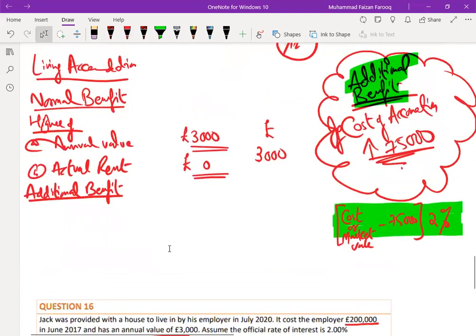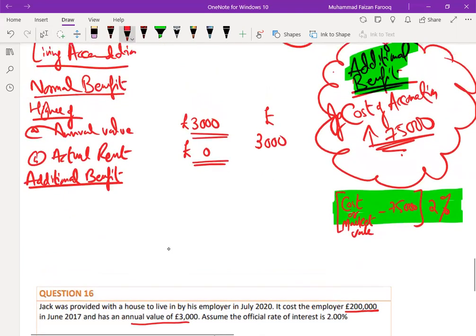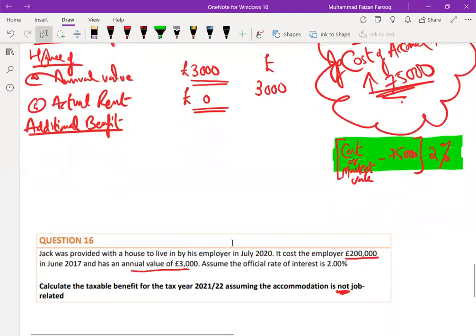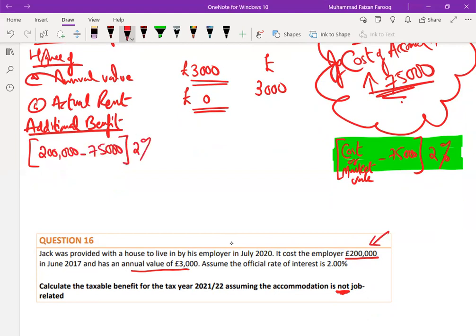So if the cost is mentioned, what should we consider? That the cost is above 75,000 or below 75,000. If it is below 75,000, this 3,000 is your answer. Finish. But if the cost is above 75,000, which is the case here as well, we have to calculate additional benefit by using the formula, which is cost minus 75,000 into the fixed percentage, which is 2%. How much is the answer, please?